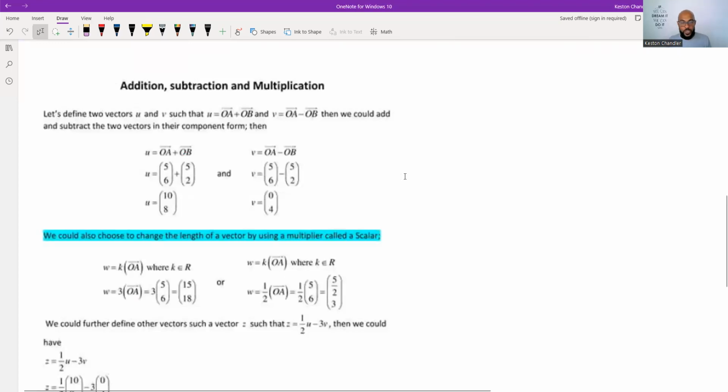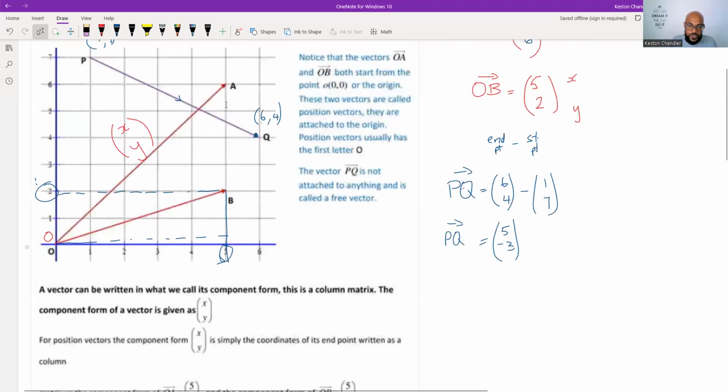Sometimes you get a question and they could define vectors. They could say the vector U is OA plus OB. And we could add vectors together like that, right? So OA from what we did before up here was that vector, and I'll just write them in one time, so it's easy for us to remember. 5 and 6.